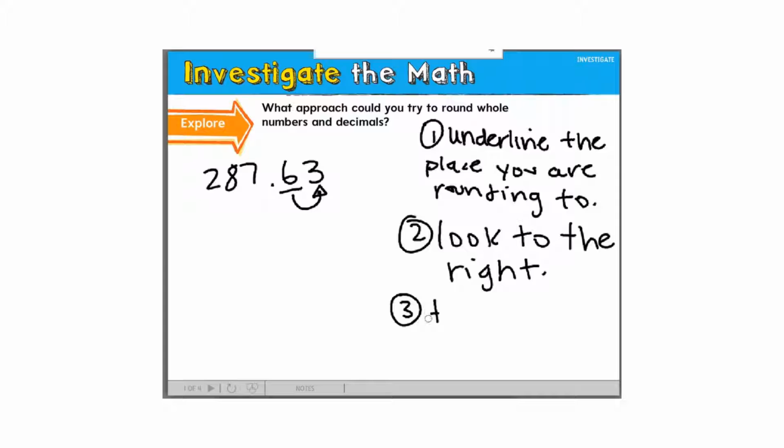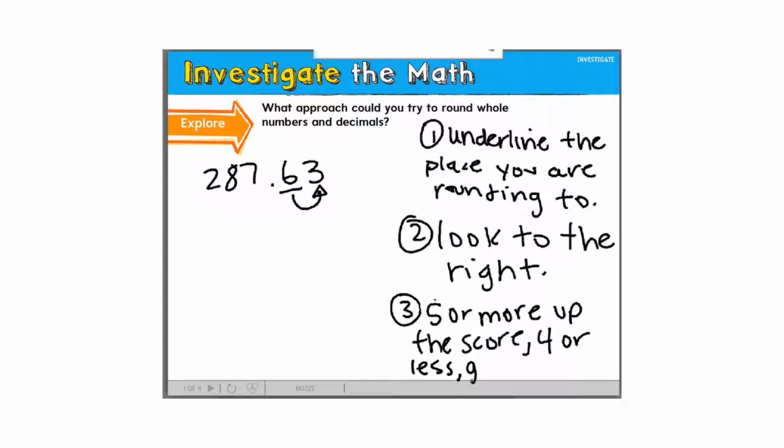We'll start with the 5. The number that's underlined is going to be the end of your number.